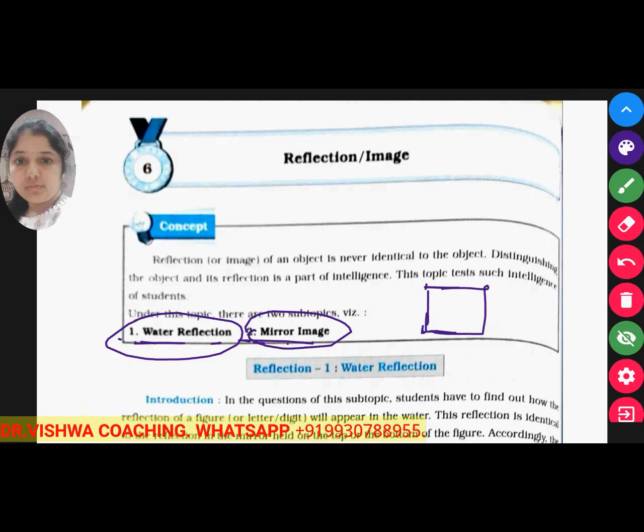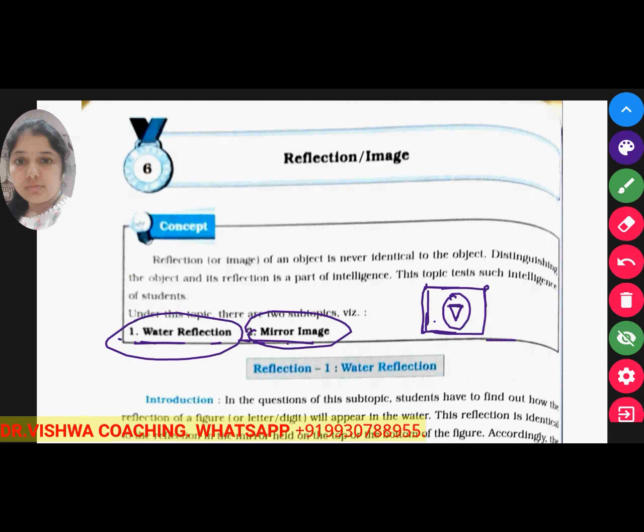Now see, if there is an image in which there is one square, inside the square there is one circle, and inside that circle there is one triangle. The square and circle look the same when reflected in the water or in the mirror, but inside it the triangle is facing down.